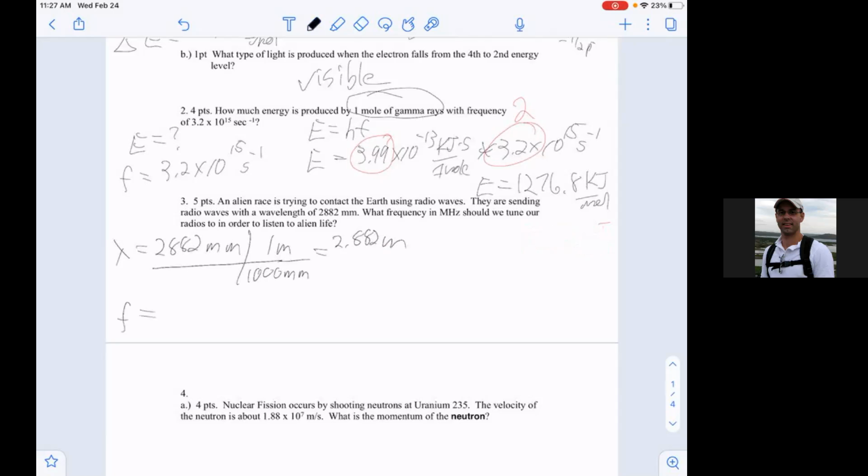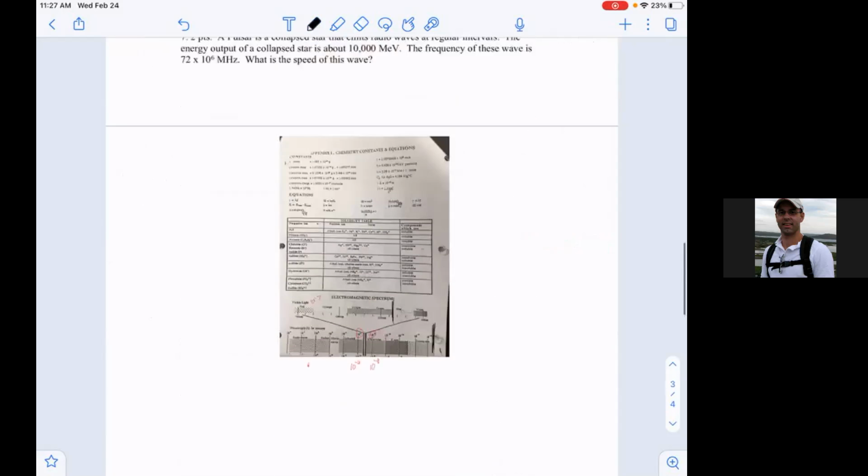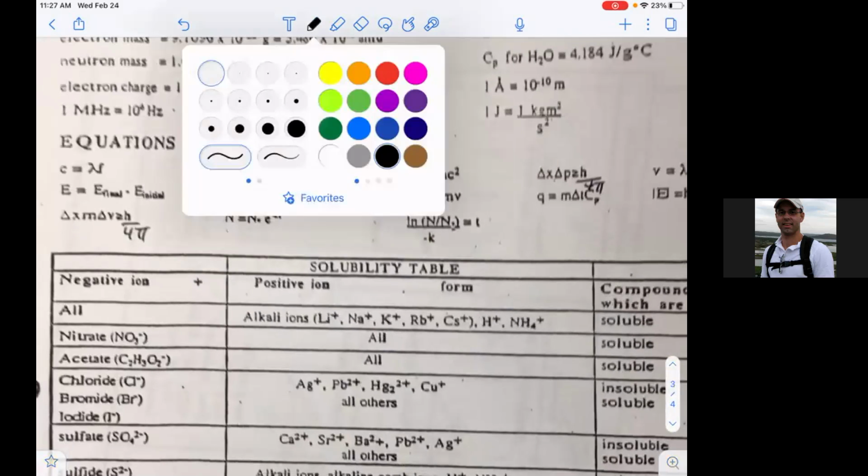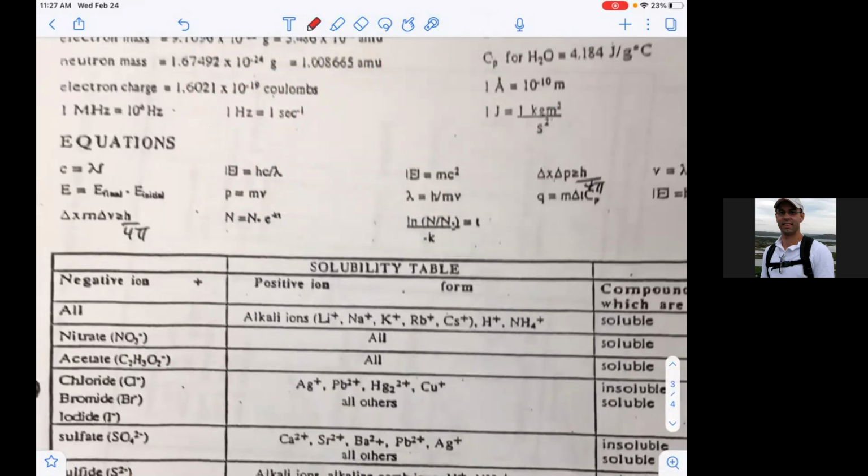Frequency. So I'm looking for an equation that has wavelength and frequency in it. When I go down here, there's only one equation that has wavelength and frequency in it, and it's that one.